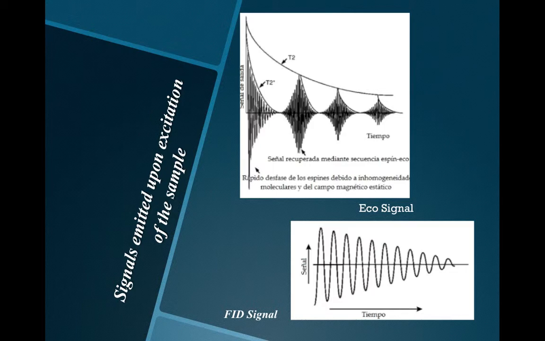The first signal is the free induction decay. This signal observes the relaxation of the magnetization to equilibrium due to the variation of the transverse magnetic flux. And the other is the echo signal, which is the loss in the signal intensity due to the phase shift of the spin.